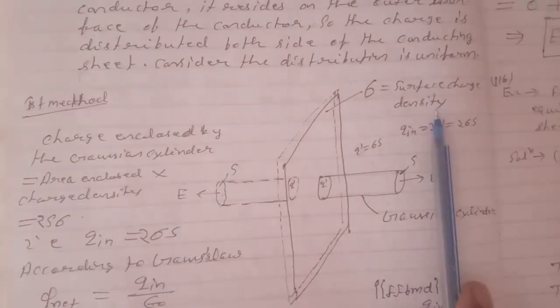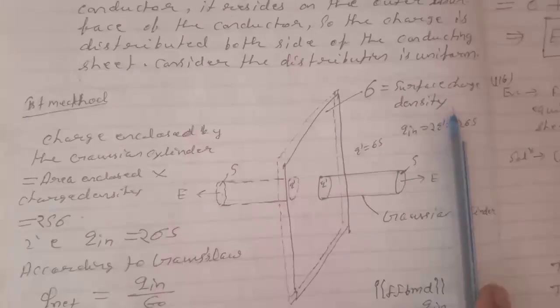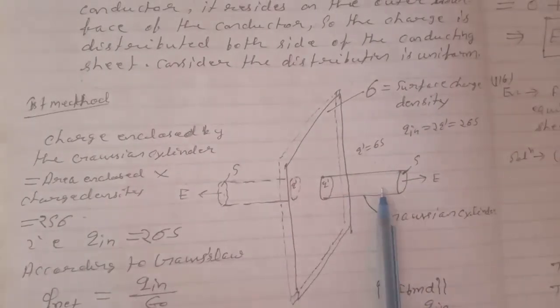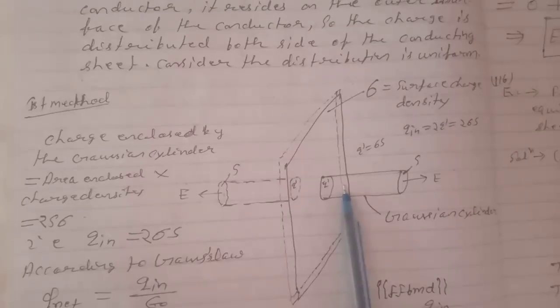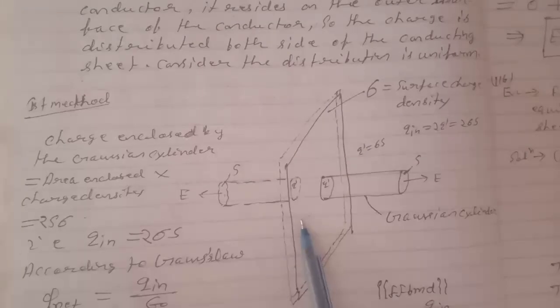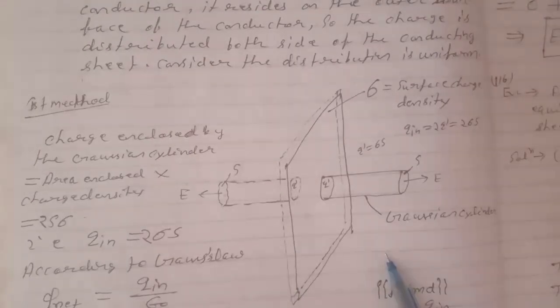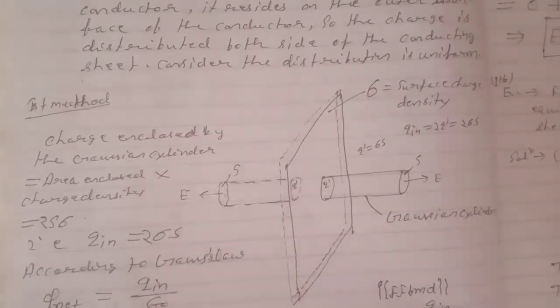We have drawn a similar Gaussian cylinder enclosing this part of the conductor sheet, and due to this conductor the electric field will be in this direction and here in this direction.